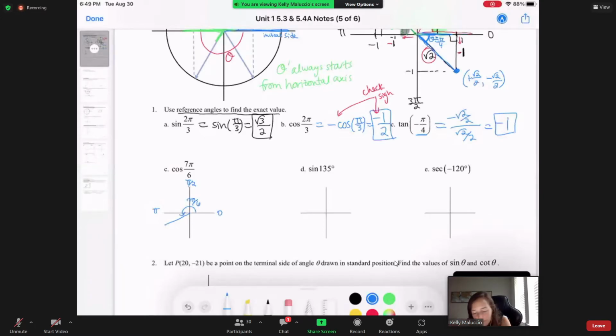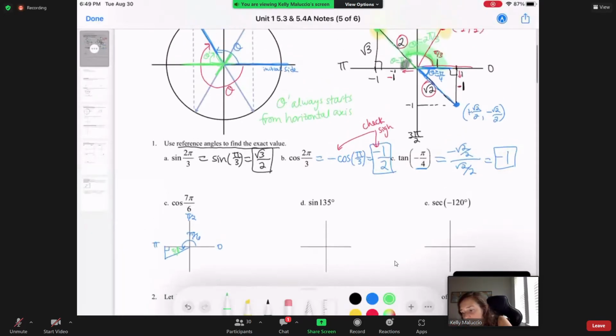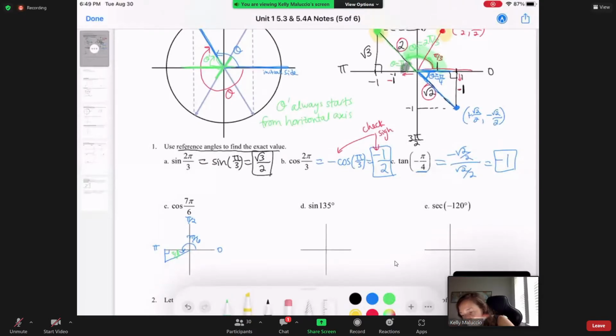Okay, if I wanted to draw this right triangle, for 7 pi over 6 the reference angle, this angle here, is pi over 6. So I know that this is related to this triangle if I look back at these triangles, so I can label it with those sides.